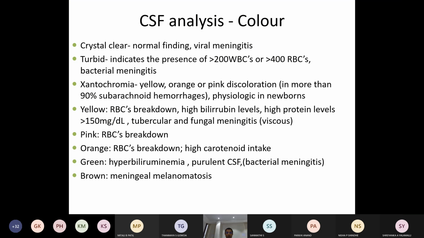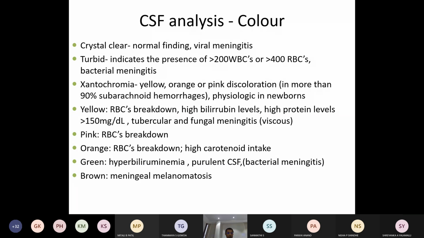Only chloride they will recommend for analysis. In CSF analysis, the color is clear. Turbidity you will get in bacterial meningitis. Xanthochromia, yellow, orange or pink discoloration, occurs in hemorrhages and physiological newborns. Yellow is seen with RBC breakdown, high bilirubin, and high protein levels of 150 milligrams per deciliter, or infections such as tubercular and fungal meningitis.